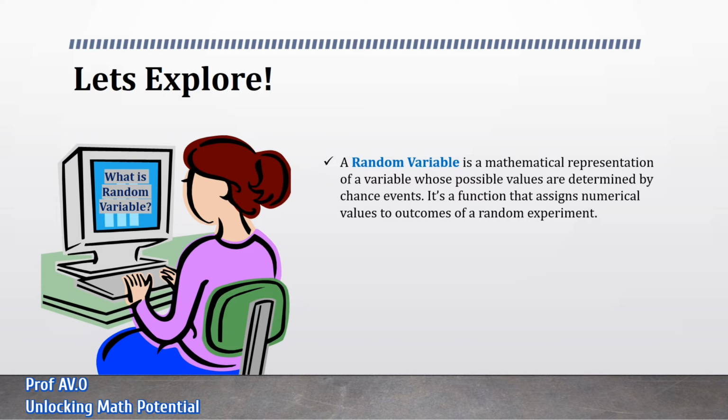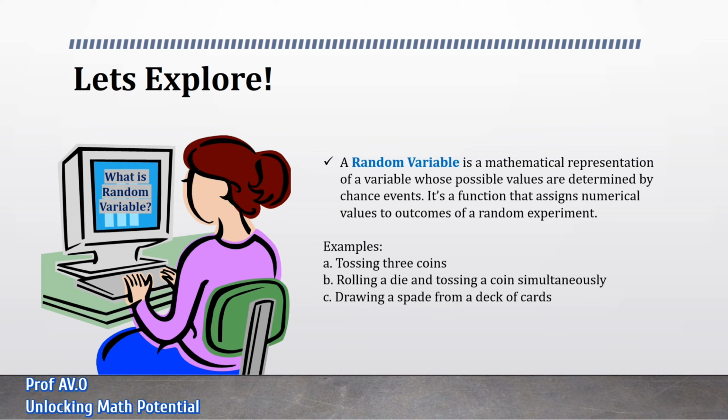Meaning, in order for us to get the possible values of the random variable, it will be based on the random experiment, and we will assign values to our outcomes, or the sample space. Examples of a random variable are tossing 3 coins, rolling a die and tossing a coin simultaneously, and drawing a spade from a deck of cards.